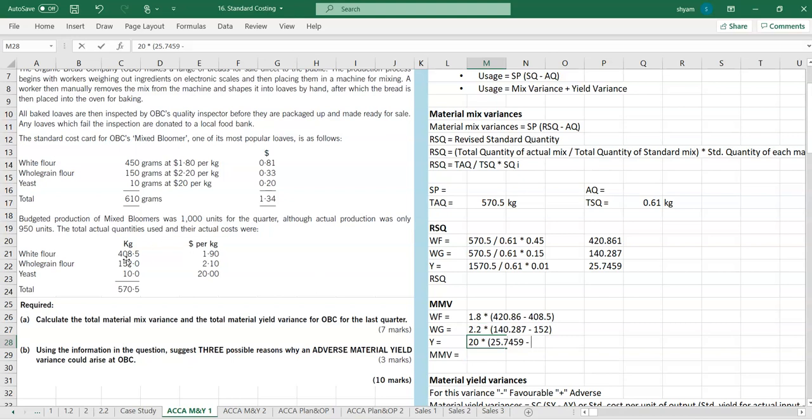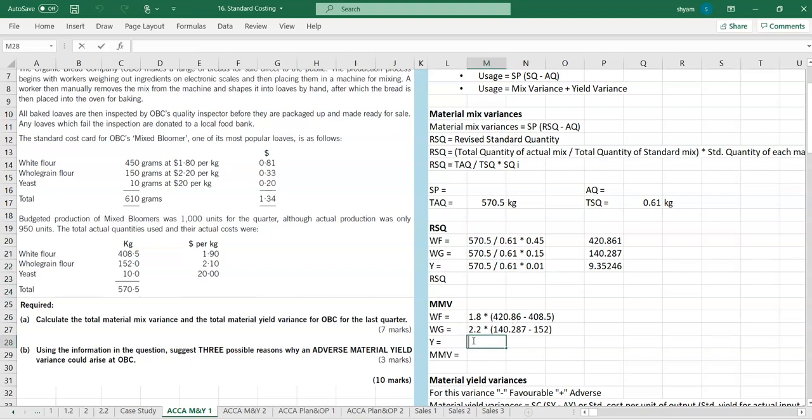So actual quantity is 10. Okay, I think something is wrong here. One second. I think we got the number here wrong. So we'll recalculate that alone. Okay, it's 9.35. I think we did something wrong.